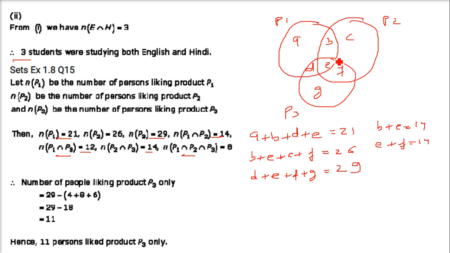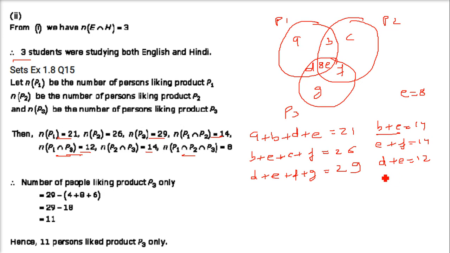Now P1 intersection P3, that is D plus E. This is given as 12. And this common E, P1 intersection P2 intersection P3, is given as 8.